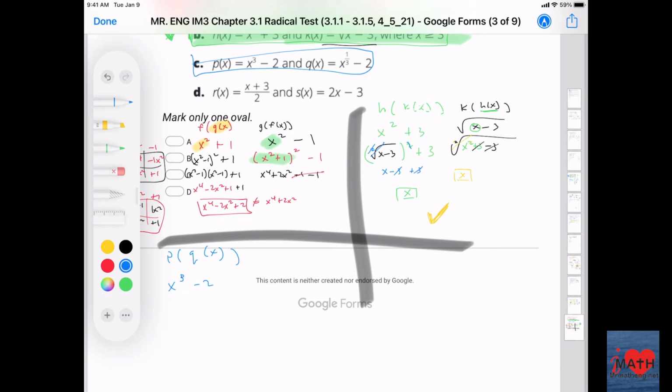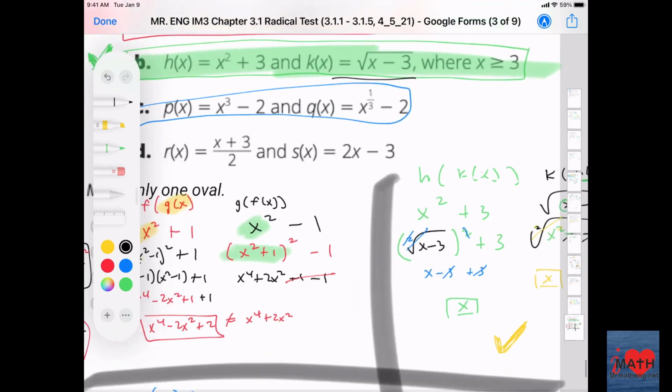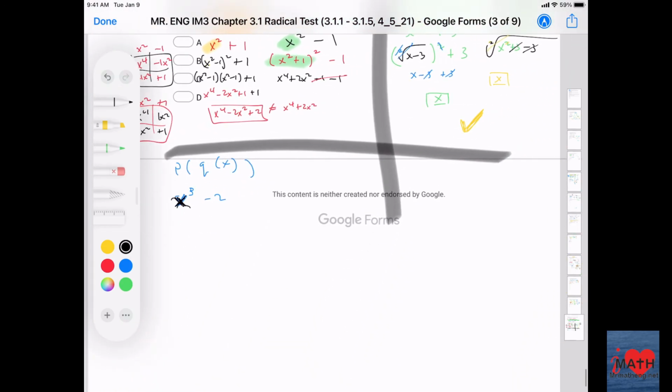And Q of x, this x value, is x to the 1/3 minus 2. X to the 1/3 minus 2. And you have to the power of 3 here. Minus 2. Okay, this one's not going to be fun.